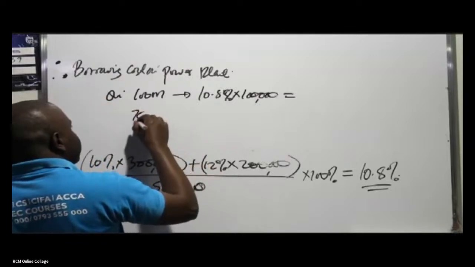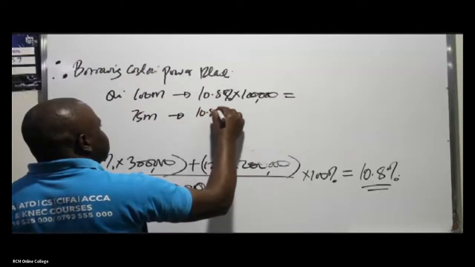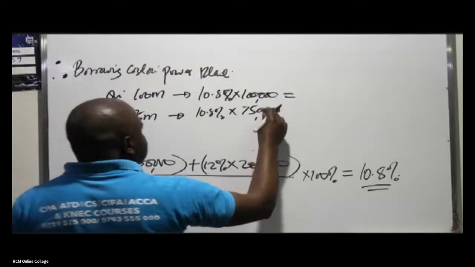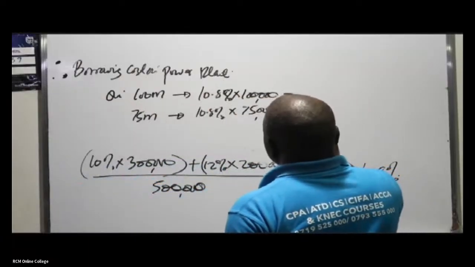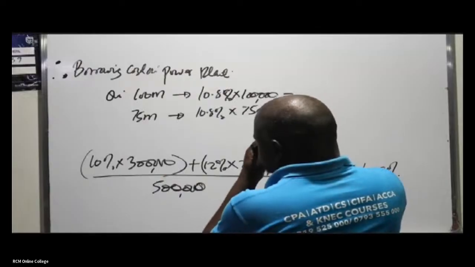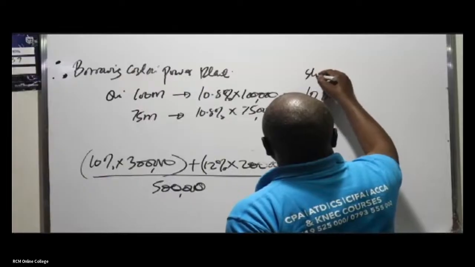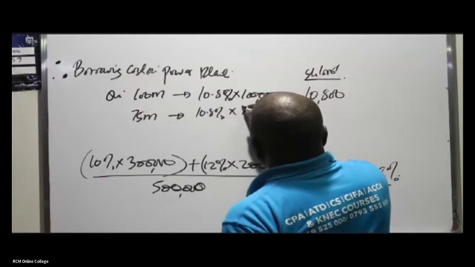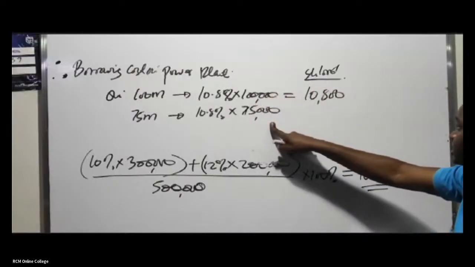Then on the 75 million, you still use the same rate. It will be 10.8% multiplied by 75,000. So for the first one, you'll get 10,800, since our shillings are in thousands. Then 10.8% of 75, you can do the calculation.